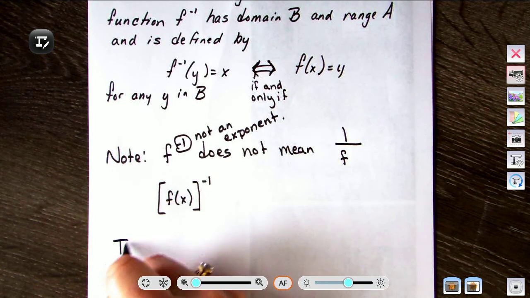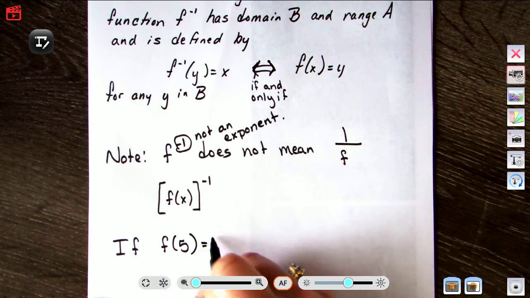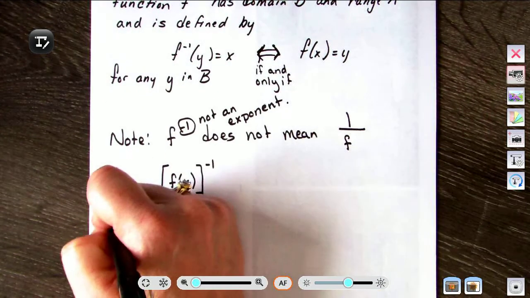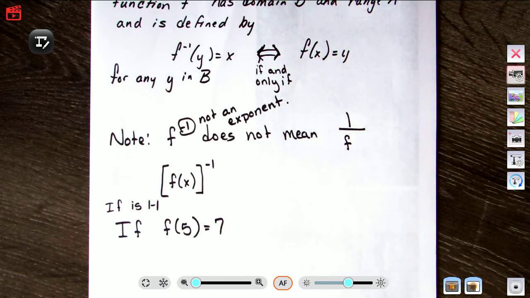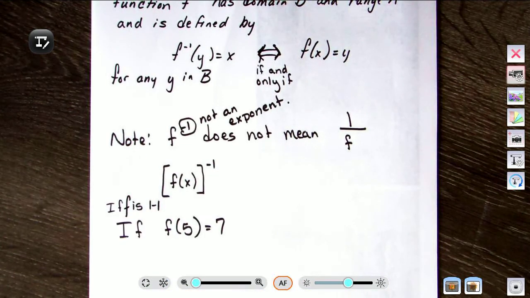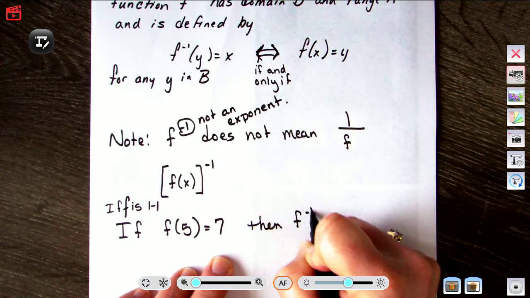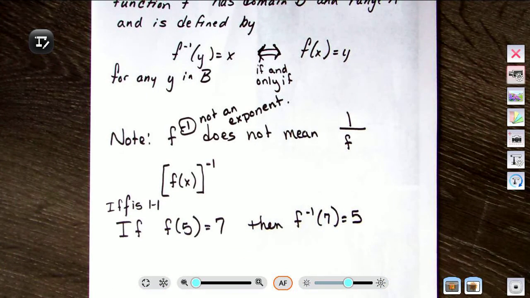So let's say if we had f of 5 equal to 7, what this means, so if f is 1-to-1, then it has an inverse. And we can say then f inverse of 7 takes us back to the 5.